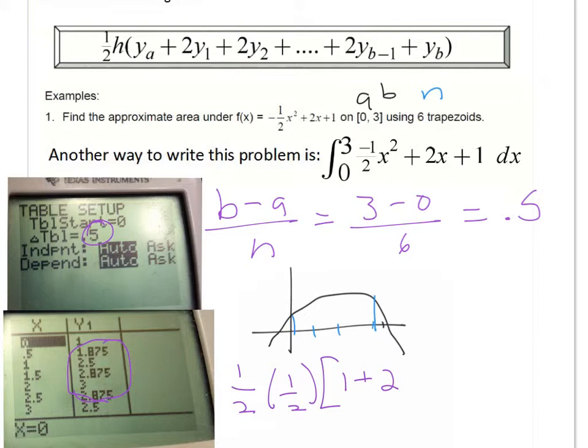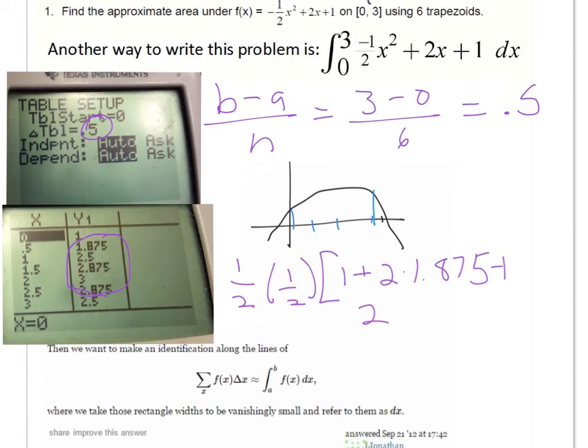So now I'm going to go to my calculator again. I'm just going to type in 1, 2 times, and now 1.875 plus 2 times 2.5, and then I'm going to keep doing that for all of them until I get down to the lonely little 2.5 that's right here, and that's just going to be added once.